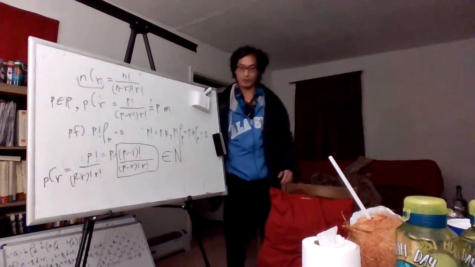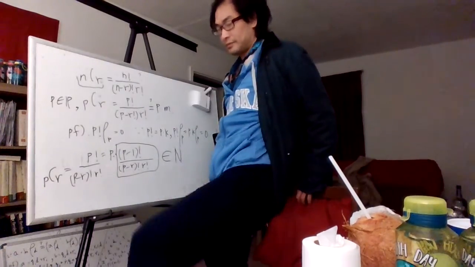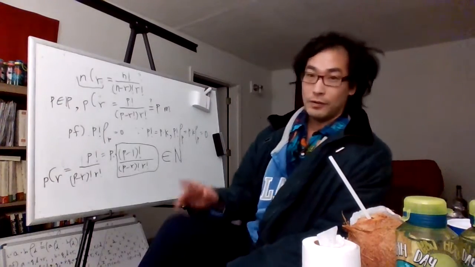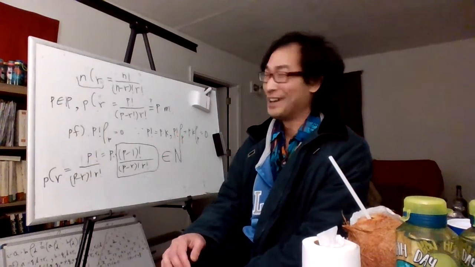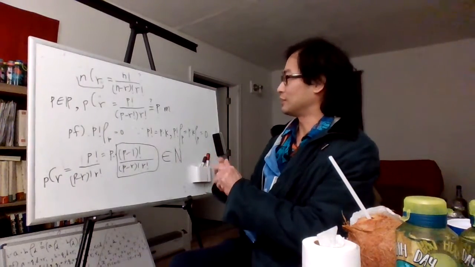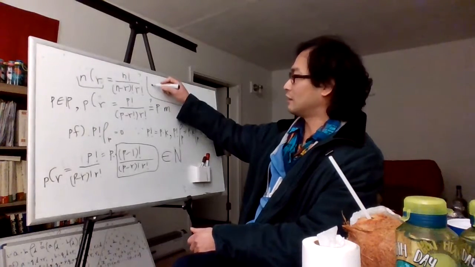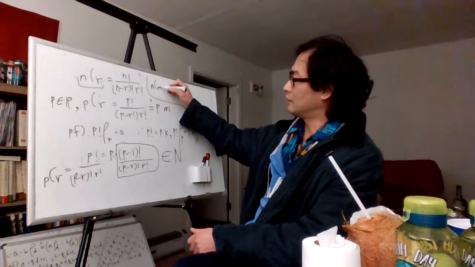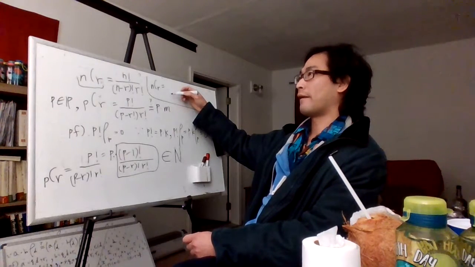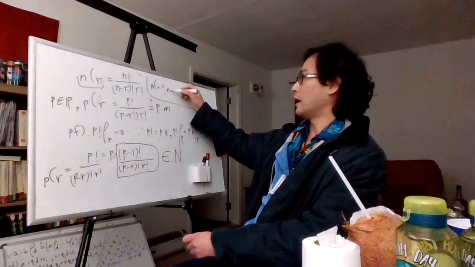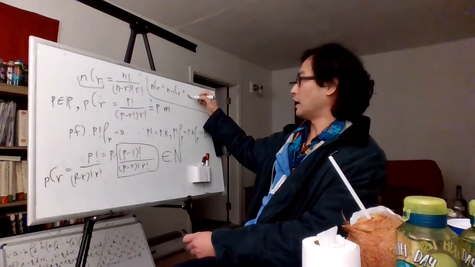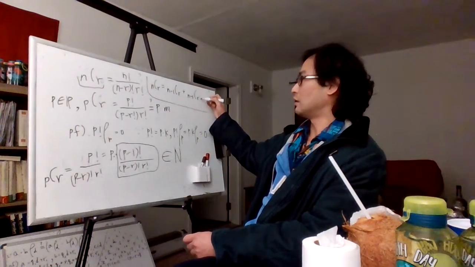Okay, a couple of things. Pascal's triangle, yes, the recurrence relationship. There's a lot to this. So nCr is equal to n minus 1 C r plus n minus 1 C r minus 1.